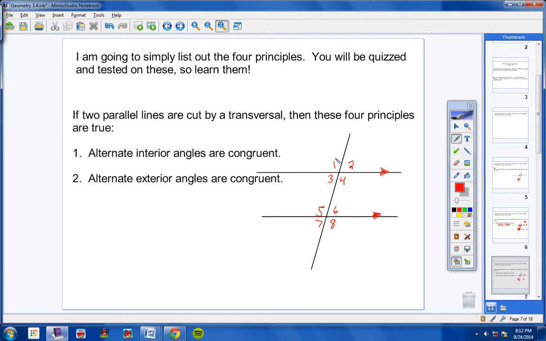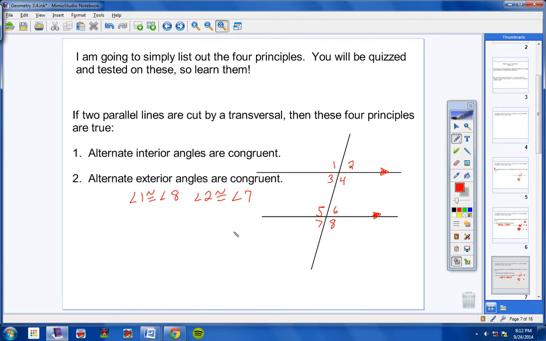So we know that 1 is congruent to 8 because 1 and 8 are alternate exterior angles, and we know that 2 and 7 are congruent because 2 and 7 are alternate exterior angles. So we're going to put angle 1 is congruent to angle 8, and angle 2 is congruent to angle 7.